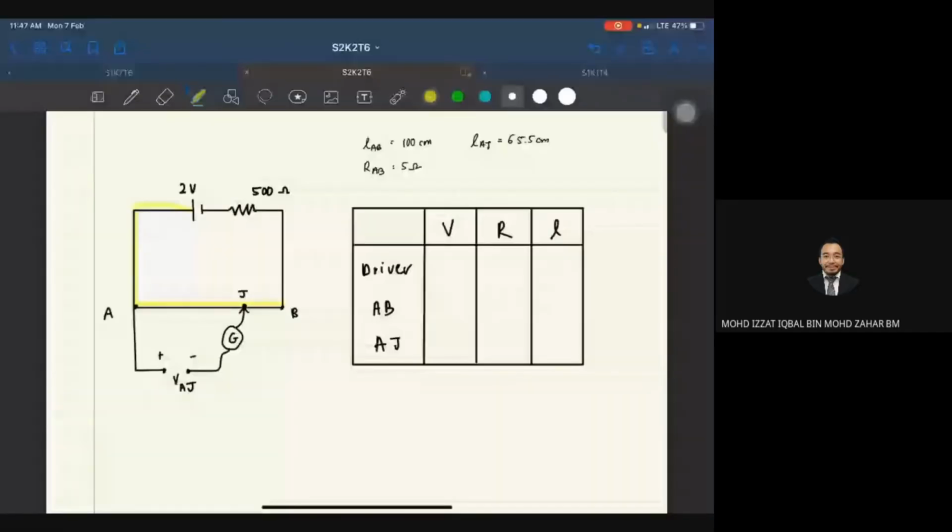Okay, referring to the given information, LAB is equal to 100 cm. I just put it inside here. LAJ is 65.5. RAB is 5 ohm.